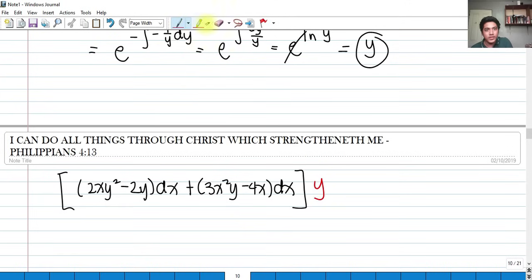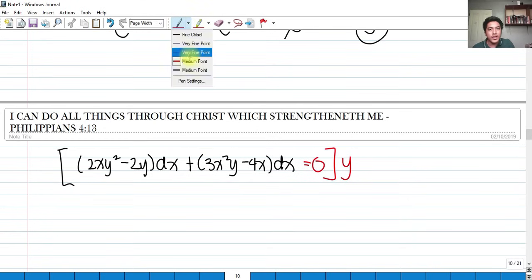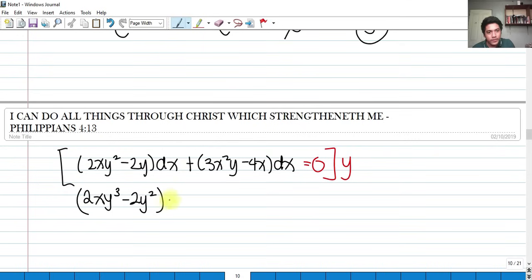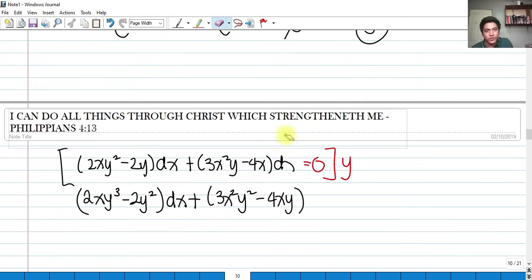So what will happen is that we will have 2xy cubed minus 2y squared dx plus 3x squared y squared minus 4xy dy, is equal to 0.